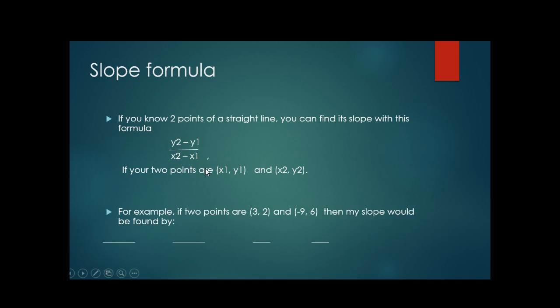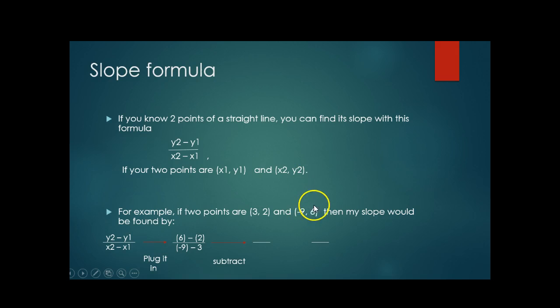So as an example, if 2 points are 3, 2 and negative 9, 6, my slope would be found by taking the second y value and plugging it in minus the first y value, the same as the x value minus the x value. You would subtract those two on the top, and you subtract the 2 on the bottom.